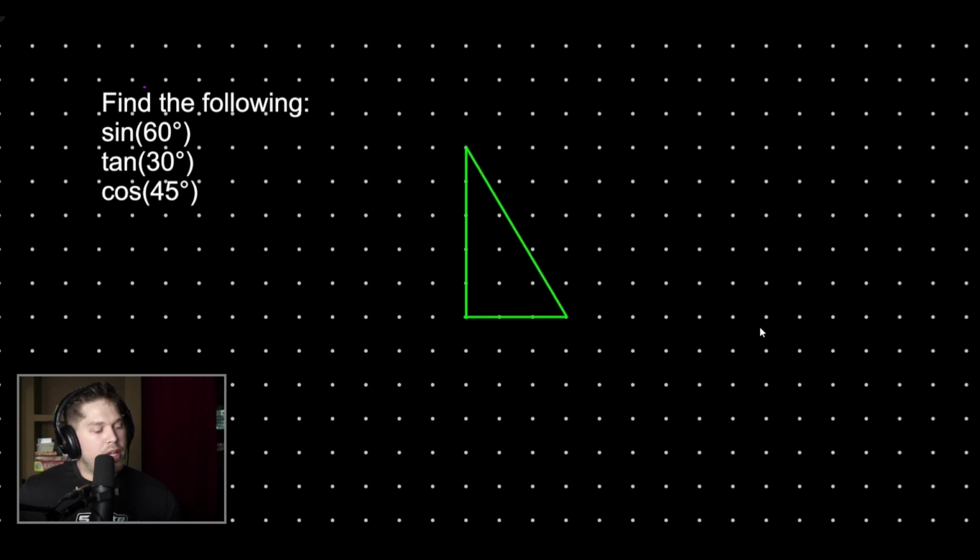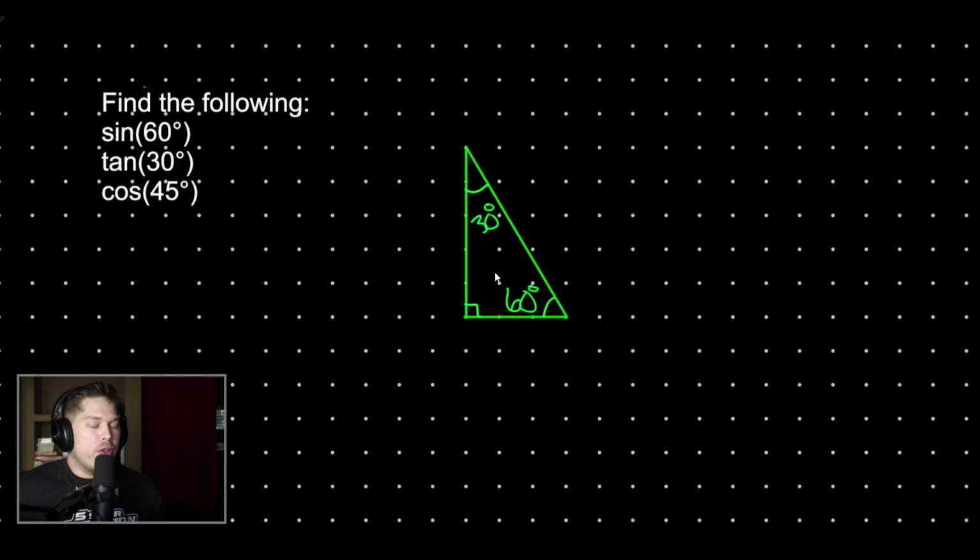And our first one is sine of 60. So we'll say this is equal to 60 degrees. Therefore, this is 30 degrees. Now, there's something you all should know.